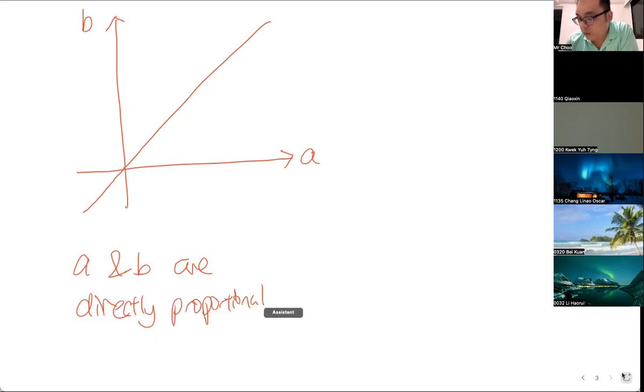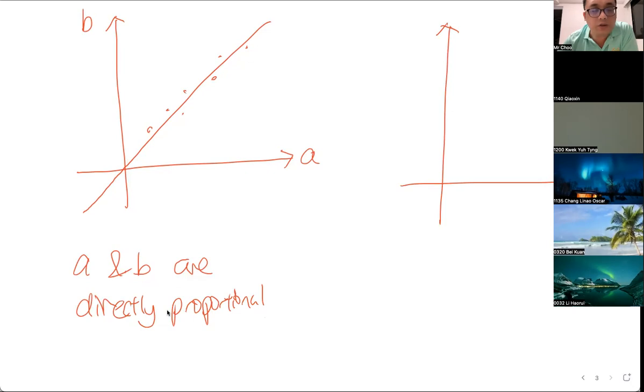Make sure when you plot, there are roughly the same number of points above and below. When you have a straight line cutting through zero, they are directly proportional.